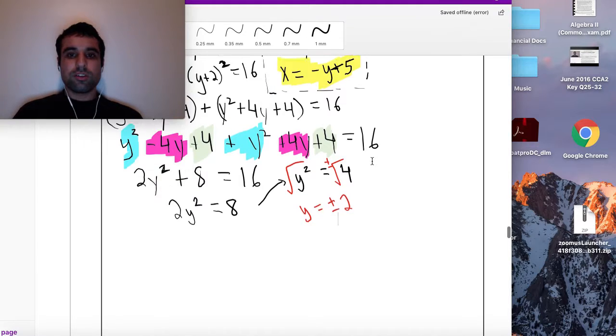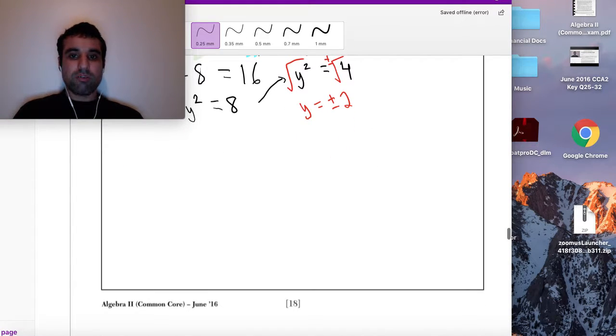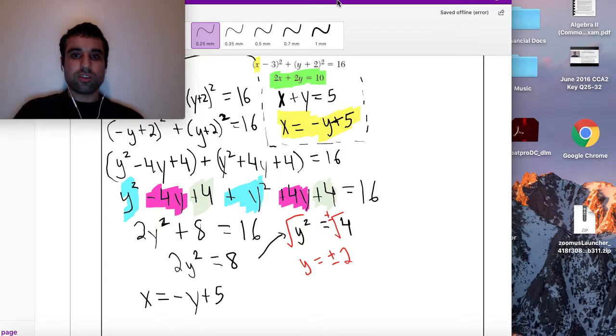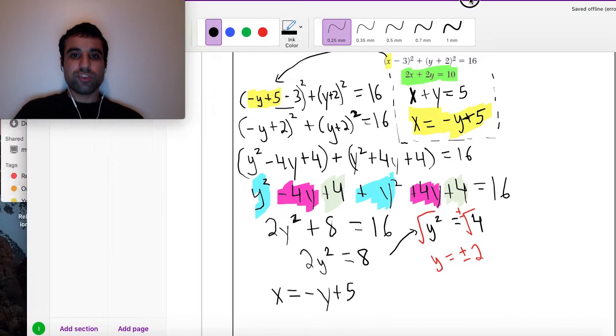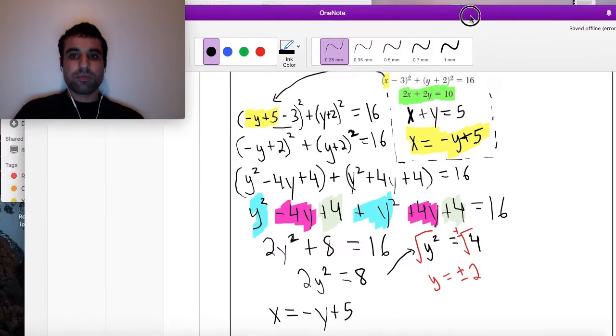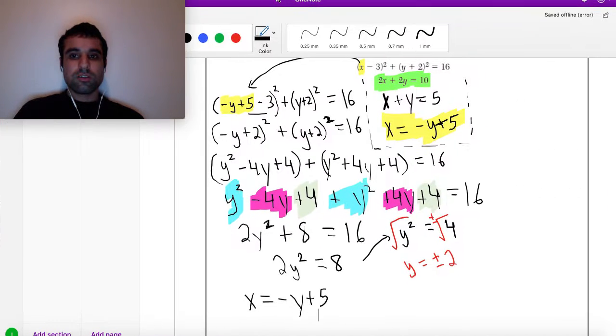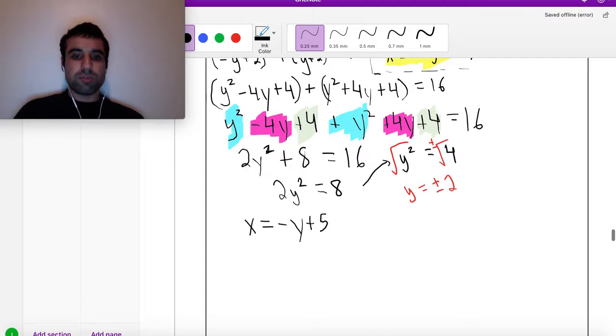It'll be easier. Or better yet, let's just use the original equation 2x plus 2y equals 10, or x plus y equals 5. That'll make it easier. Well, they're both easy. Let's just keep it like this.